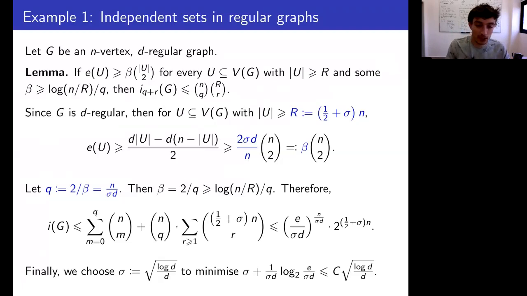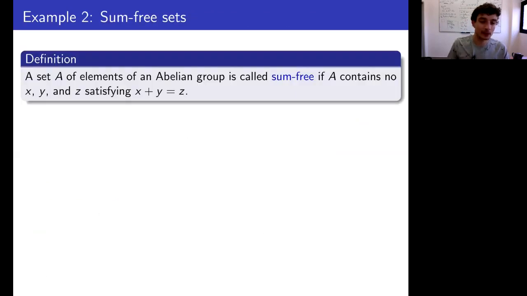So let me move on to a second application, which will use just the result of the first, and it will be slightly less technical. So here's an application of the lemma to the setting of additive combinatorics.